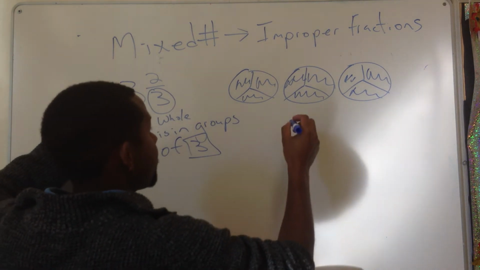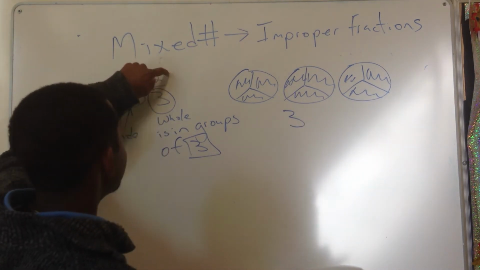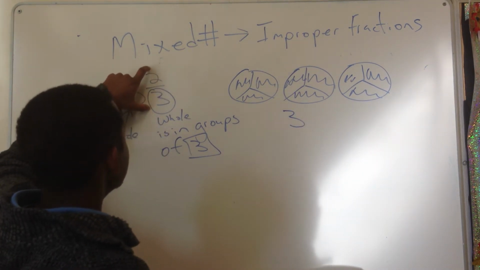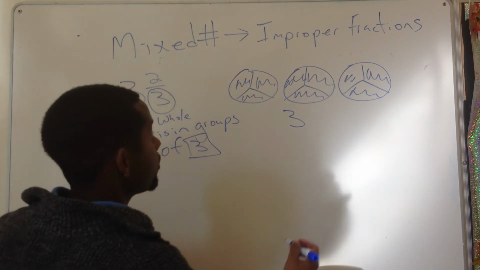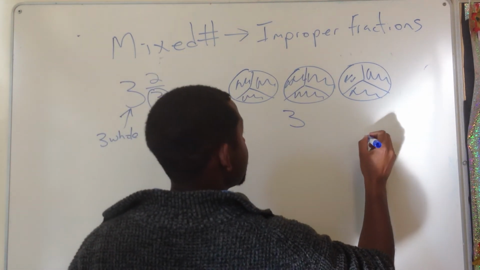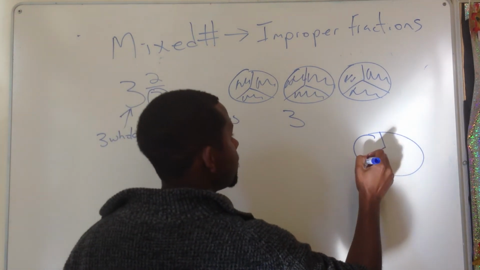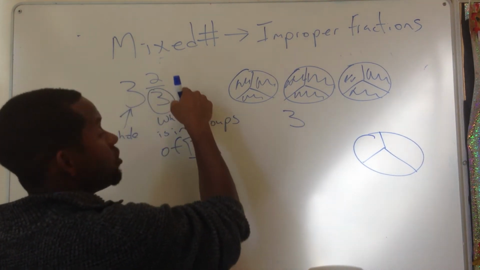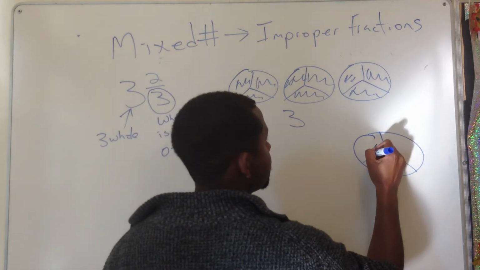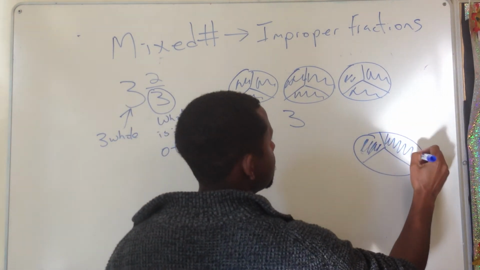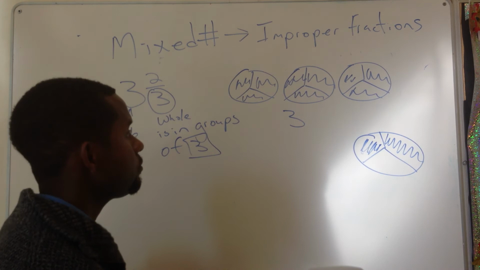So that represents my 3. But now, in this next circle, I only have 2 of the 3 groups. I don't have a whole group of 3. It told me I only have 2 out of 3. So I'm missing that one.